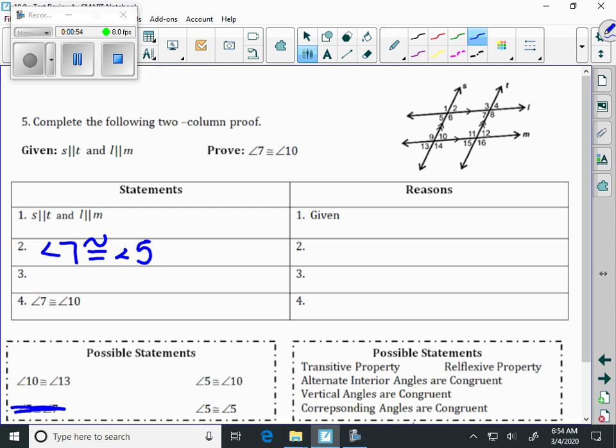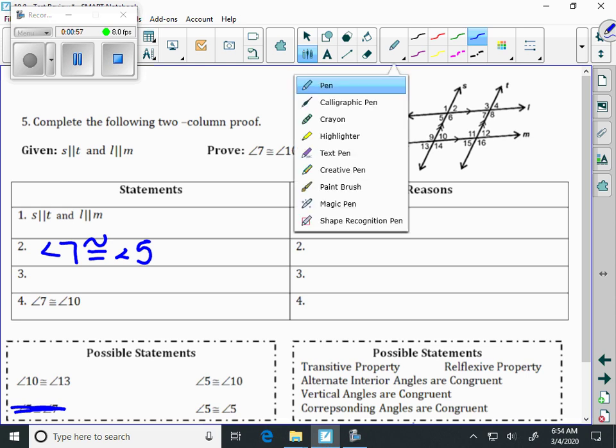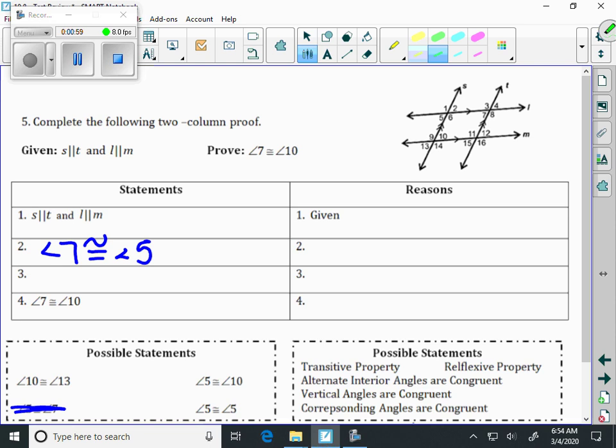And if we look up here, with angle 7, here's 7, and where's 5? Here's 5. So once again, as we take a quick look at that, what I hope you notice is what kind of angles they are. We've got line S and line T are parallel to each other, and then line L is the transversal. So these are both underneath the transversal, they're on the same side, and they're underneath the parallel line, so to speak.